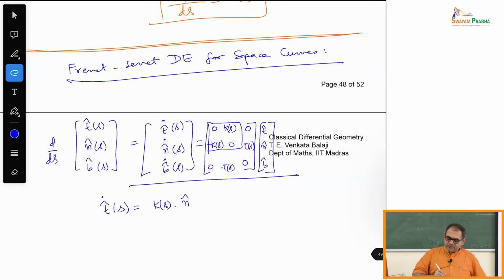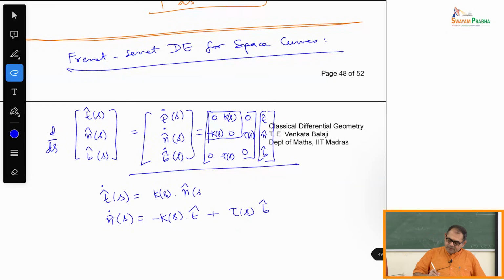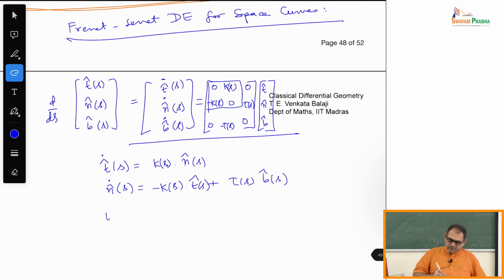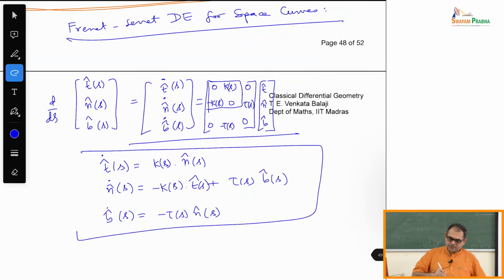Okay, then you will get n cap dot of s is equal to minus k of s t cap plus tau of s b cap. Okay, so let me put an s carefully. Okay, and the third vector will be b cap dot of s is equal to minus tau of s n cap of s. Okay, so these are the 3 equations.